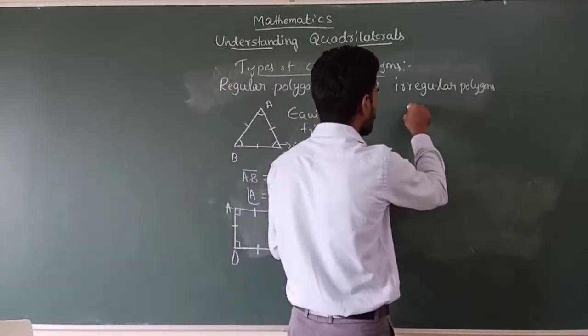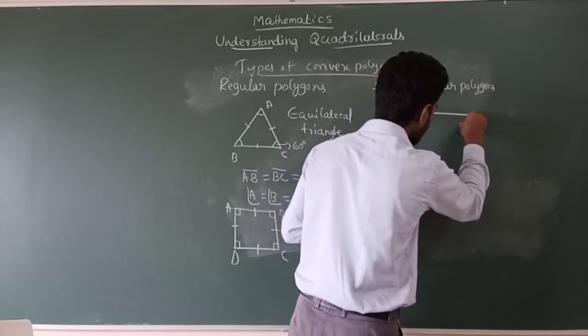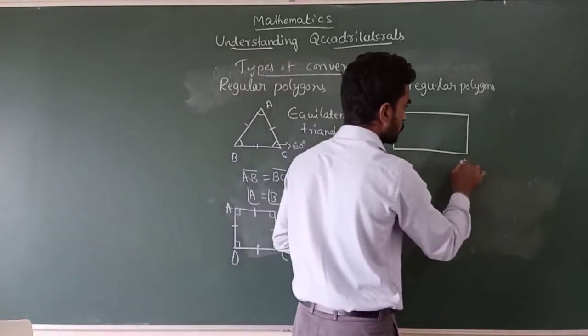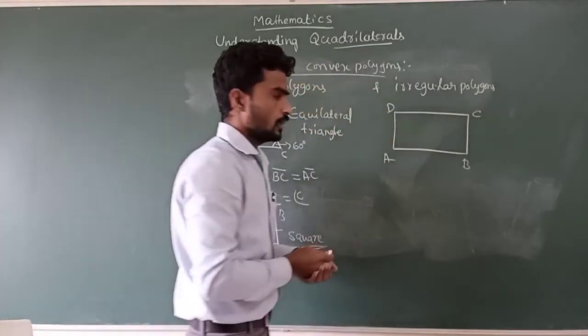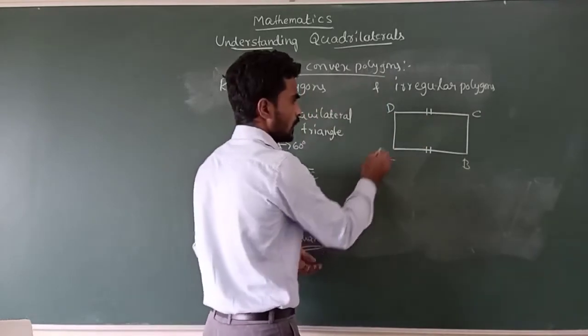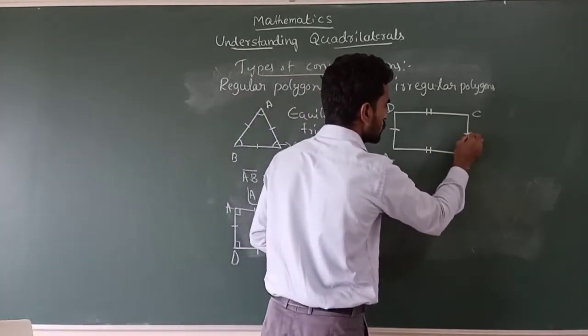For example, I will take one quadrilateral, ABCD. Here AB is equal to DC and also AD is equal to CB.